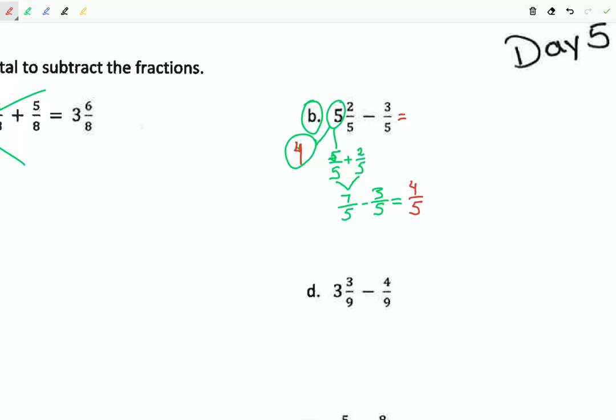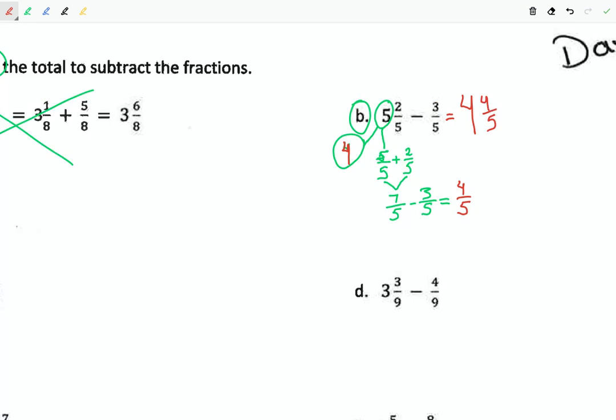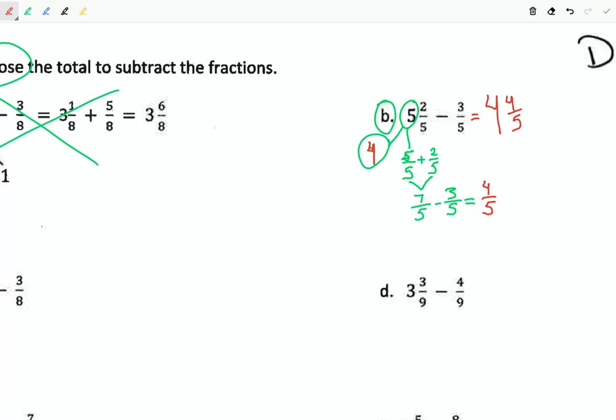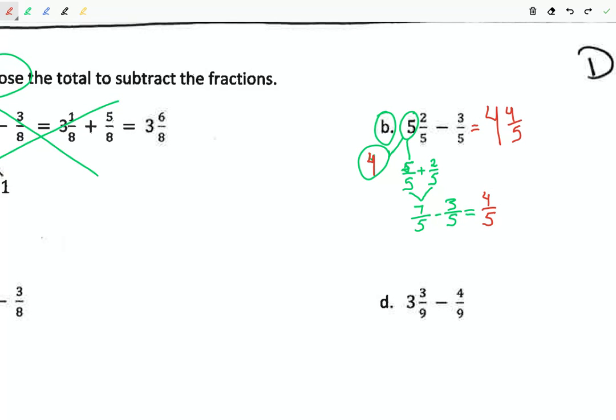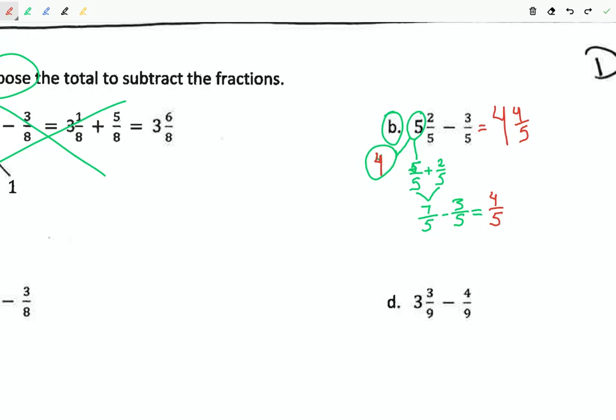So the answer is 4 and 4/5. That's what it means when it says to decompose the total. This is a total, and we're decomposing it by borrowing one whole from 5 wholes to put it together with 2/5, to make this bigger fraction 7/5, so that we can subtract 3/5, and that's it.